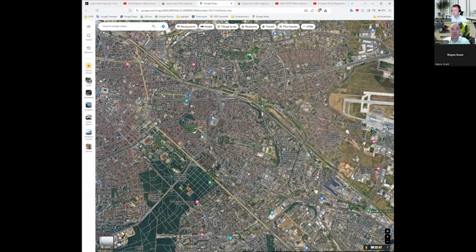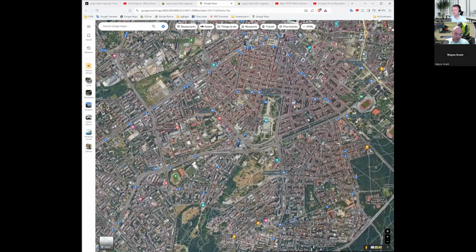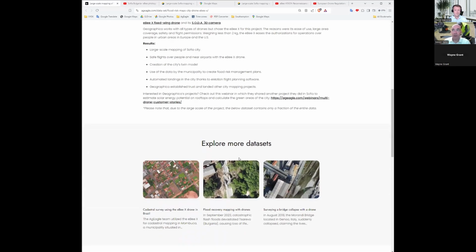There were a lot of regulation issues, but because of eBee and its safety and the reputation we had, they were able to scan fairly close to the airport. And if you're interested, the Geographical team themselves did a webinar with us, and there's a link on the webpage to them talking about that. In that particular case, it was the photovoltaics that they were discussing.